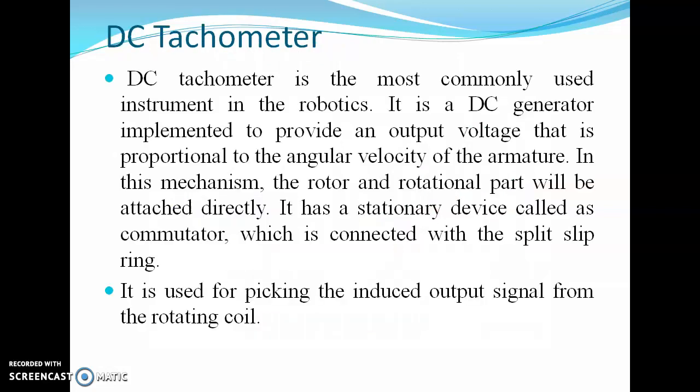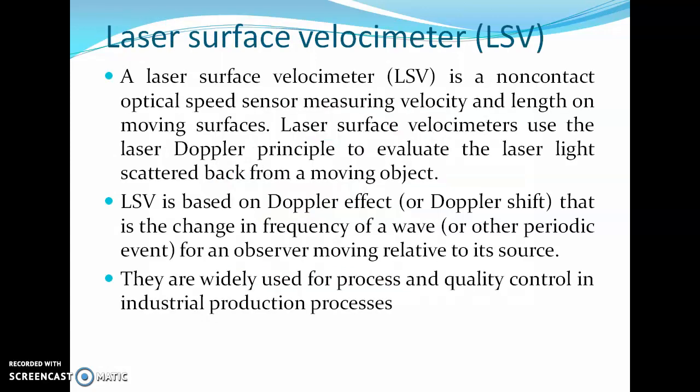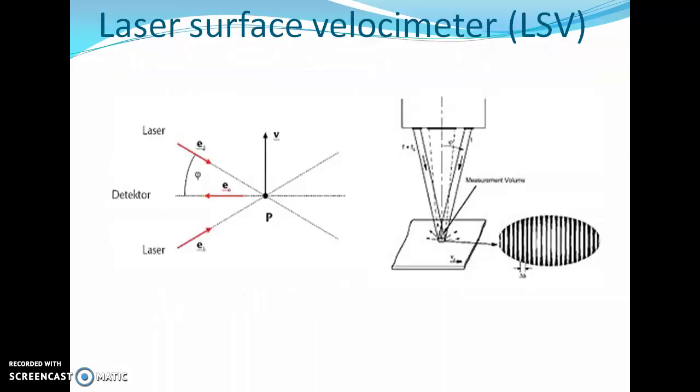Then this is a DC tachometer. Then next is laser surface velocimeter. So it is based on the Doppler effect that we have seen. It is seen pictorially.